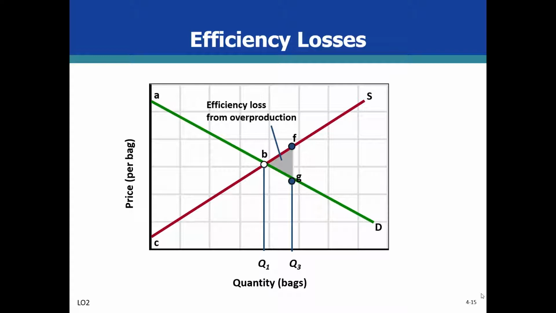But I also want you to think about that resources are allocated efficiently. There is no overproduction or underproduction. Resources are not overconsumed or underconsumed. And at that point, at point B, consumer and producer surpluses are maximized.